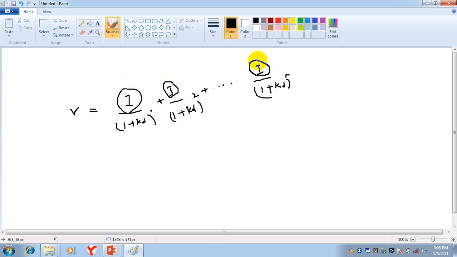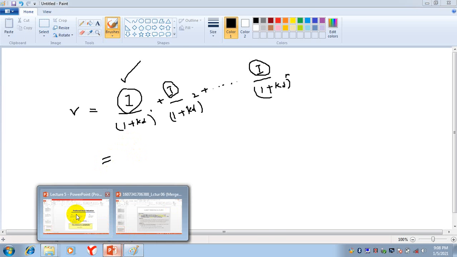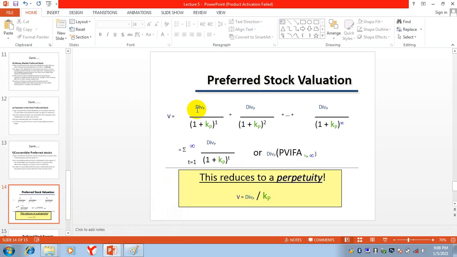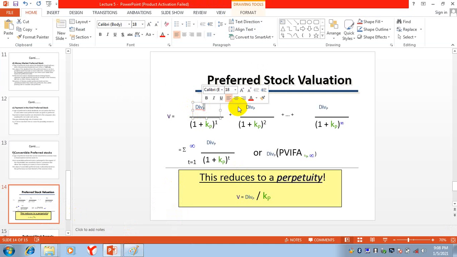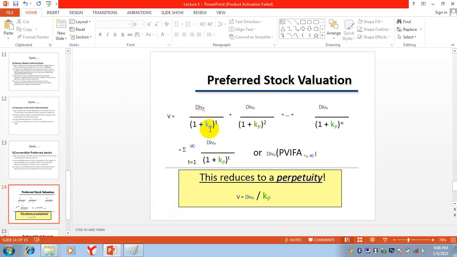Same is the case here, no change, just instead of interest we change it to dividend, because in preferred stock we are receiving a fixed amount of dividend. So it becomes dividend on preferred stock, DIVP, divided by 1 plus KP, the rate of return on preferred stock, power 1, power 2, and 1 plus KP power infinity.